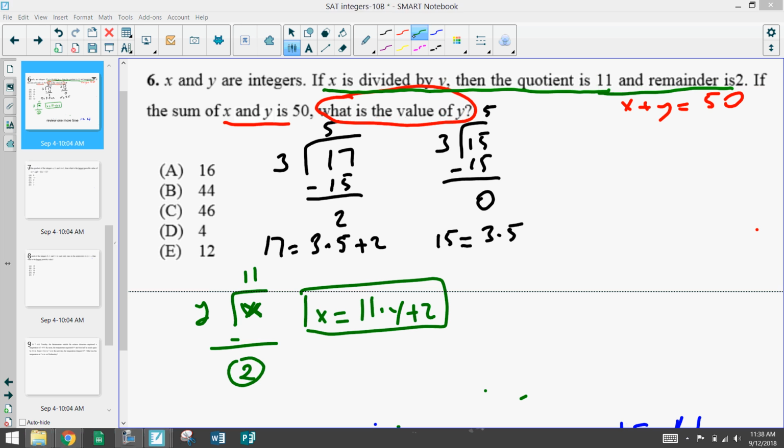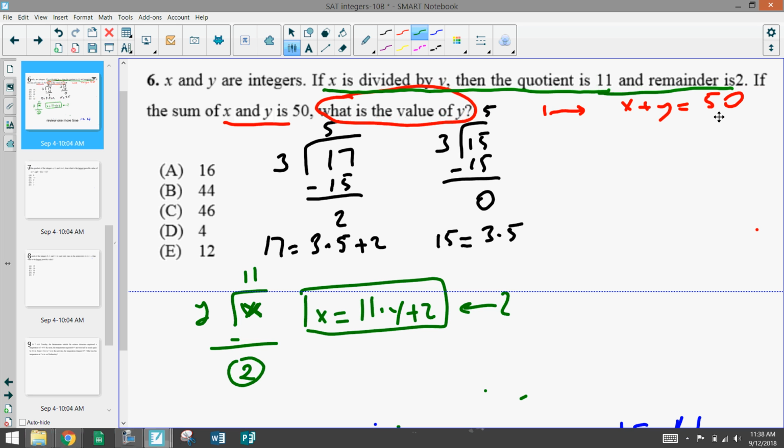Now I have the first equation, and then I got the second equation here. Now I have 2 equations, 2 variables. I can solve it. The question is y. I know what x is here. I know x. It's 11y plus 2.